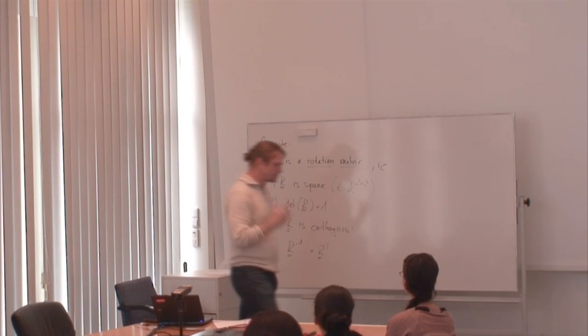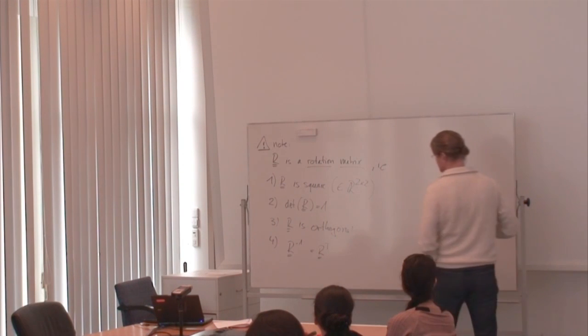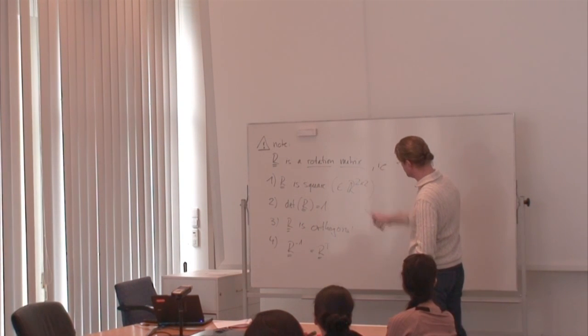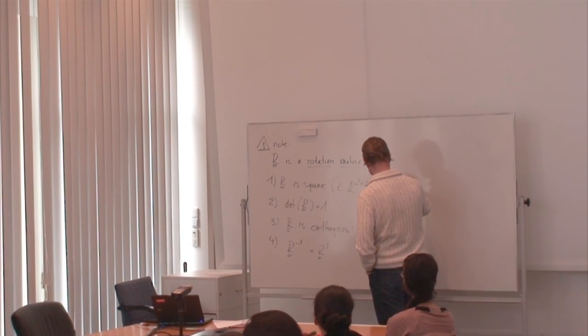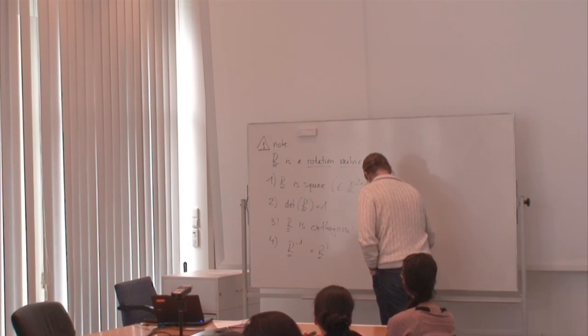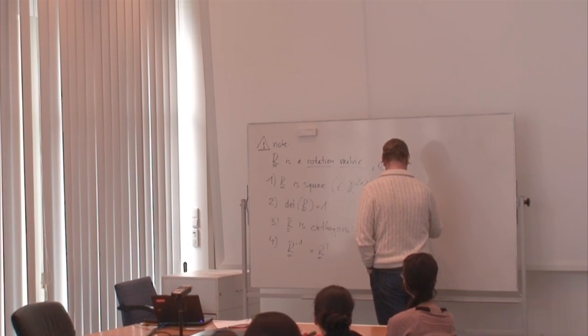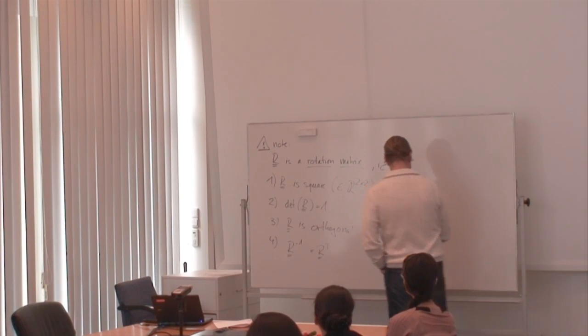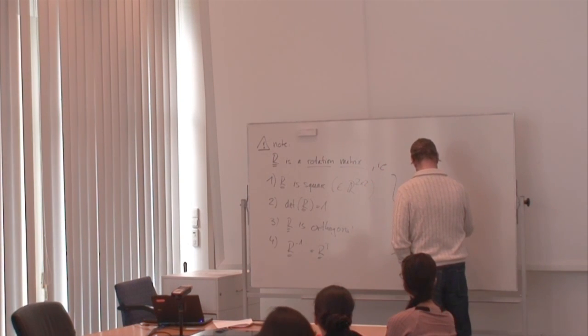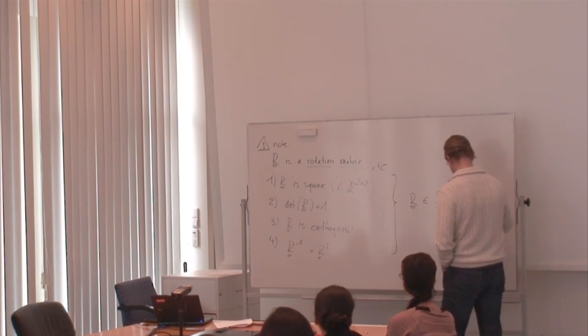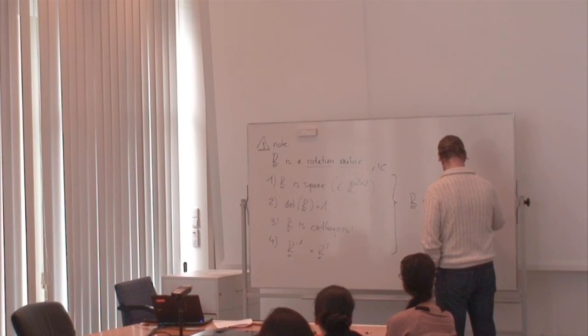I can summarize all these things by saying that the matrix R is an element of the special orthogonal group of dimensions 2 by 2 over the real numbers.